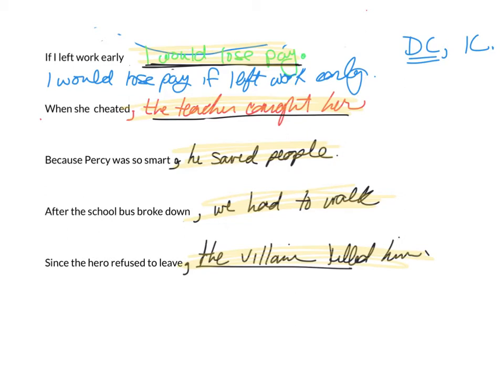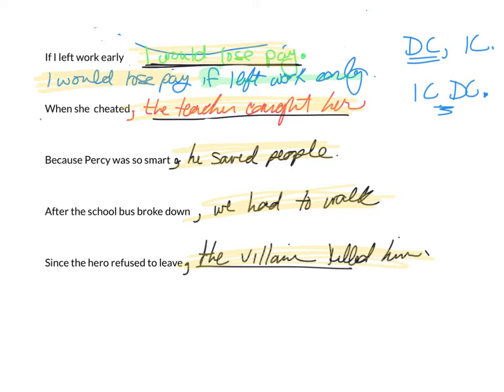I can reverse it because I have a second pattern. IC, DC, period. If you notice, there's no comma here because I already have something that kind of separates the two halves of the sentence. That subordinating word, which is still attached to the subordinate idea, is now at the back, and that pushes the main idea up to the front.